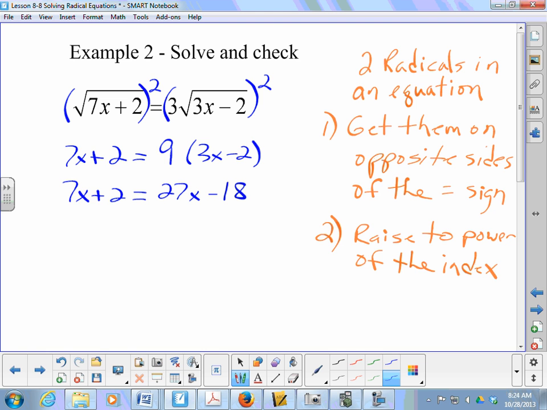All right, and then it just becomes a simple equation with a variable on both sides. Something you've done many of before. So we'll subtract 7x and add 18.